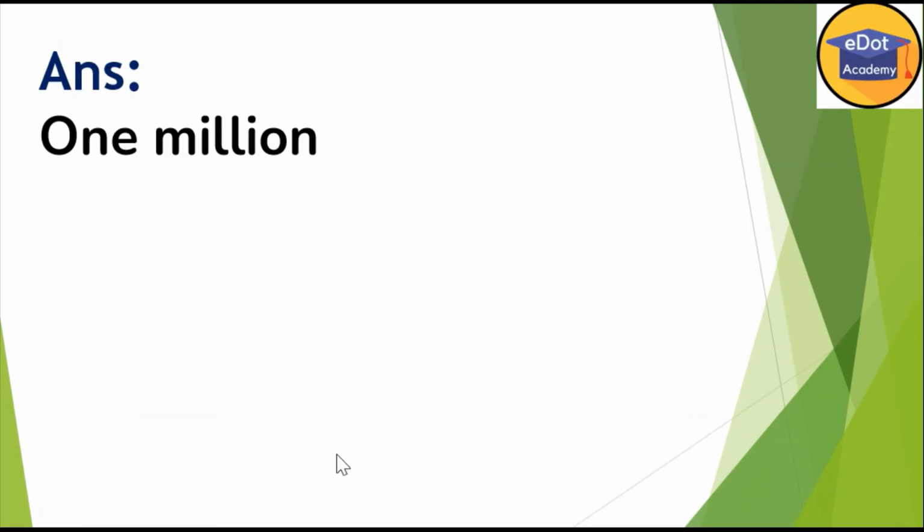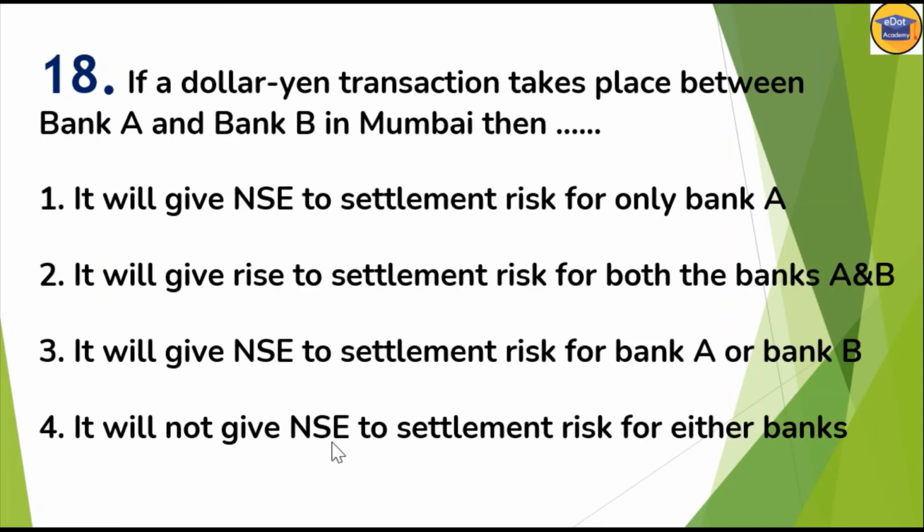Now next question 18. If a dollar-yen transaction takes place between bank A and bank B in Mumbai, where dollar is from US and yen is from Japan, but the transaction is taking place in Mumbai. It will give rise to settlement risk for only bank A. It will give rise to settlement risk for both bank A and B. It will give rise to settlement risk for bank A or bank B. It will not give rise to settlement risk.